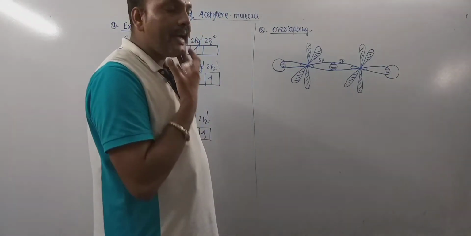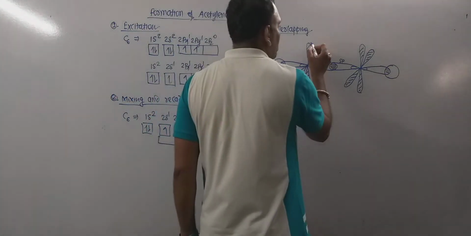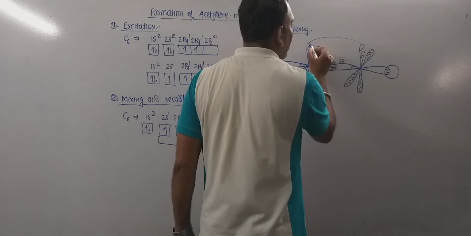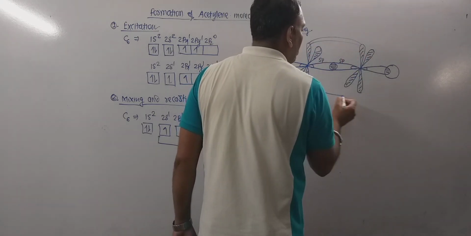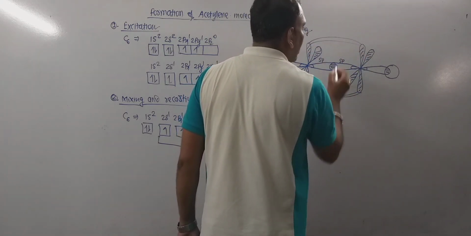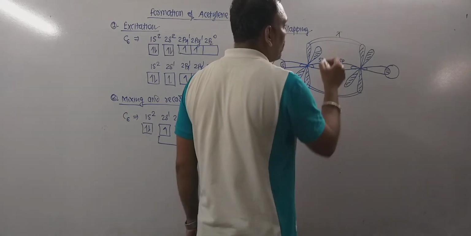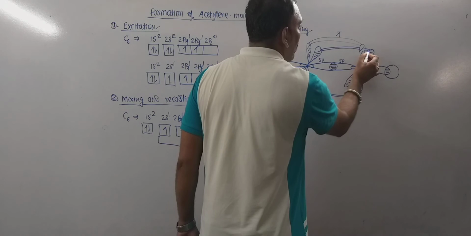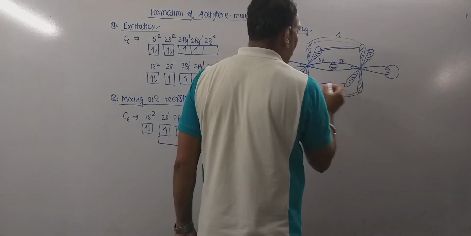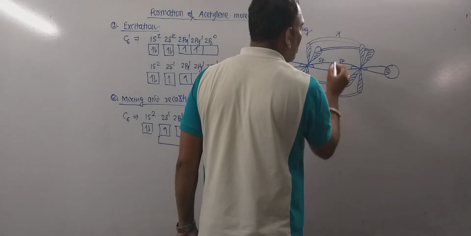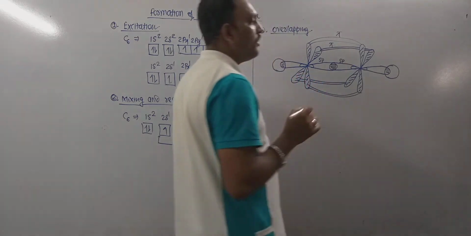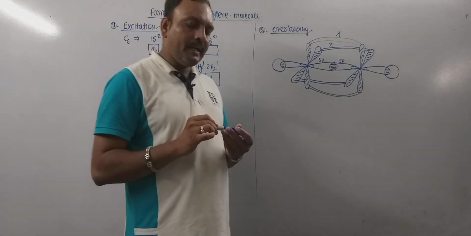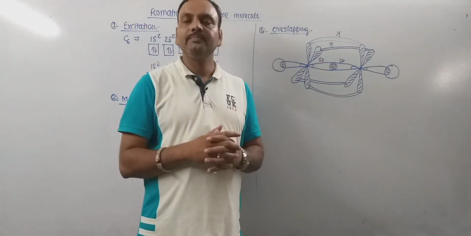Now the unhybridized p orbitals: the py orbital of one carbon overlaps with the py orbital of the other carbon, leading to the formation of one pi bond, and the pz orbital of one carbon overlaps with the pz orbital of the other carbon, leading to the formation of another pi bond. In this way the acetylene molecule is formed.